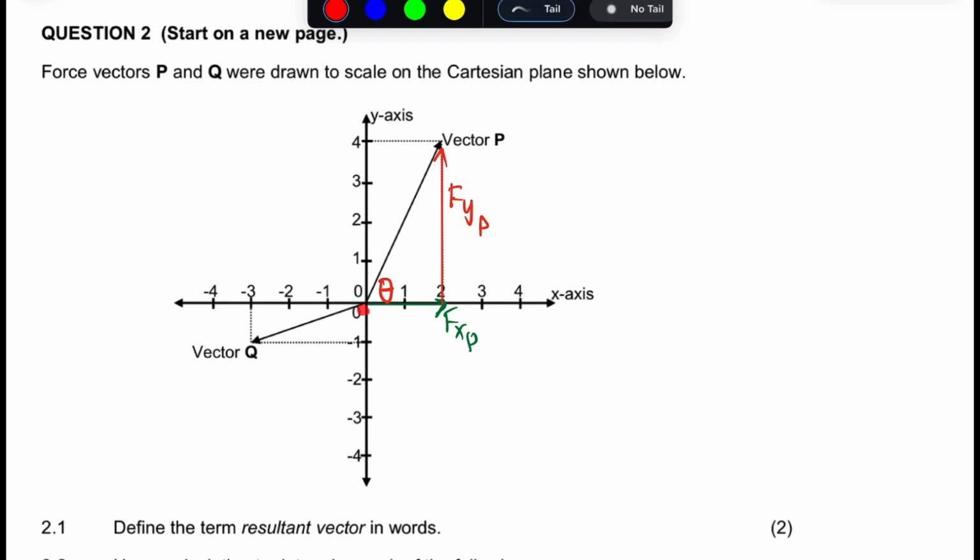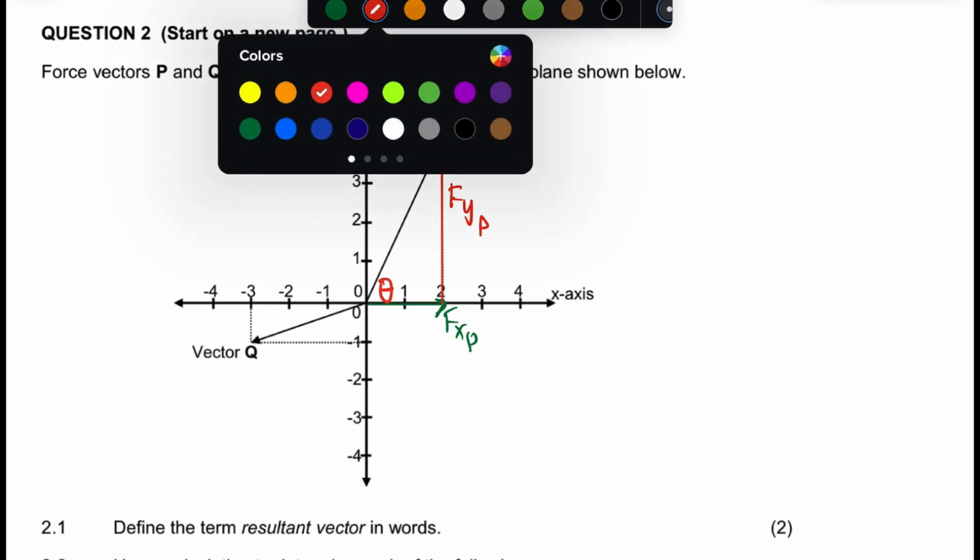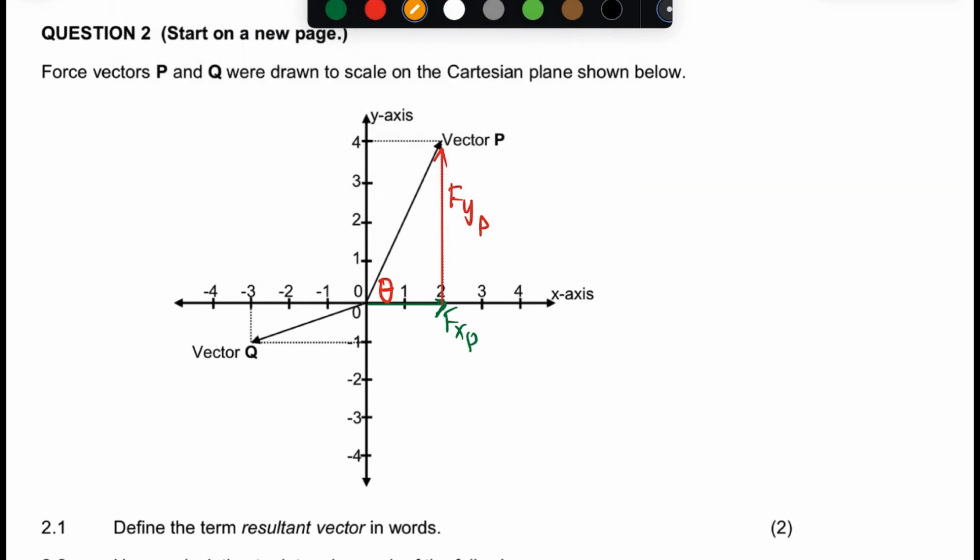Let's look at force Q. Force Q has components as well. Let's use another color. The components for vector Q: Fxq is going to the left, and then the vertical component there is Fyq.